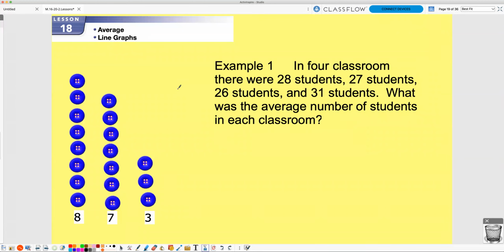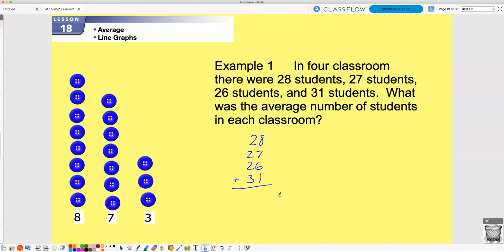All right, example 1. In 4 classrooms, there are 28 students, 27 students, 26 students, and 31 students. What was the average number of students in each classroom? So to find the average of these, all I need to do is take 28 plus 27 plus 26 plus 31.